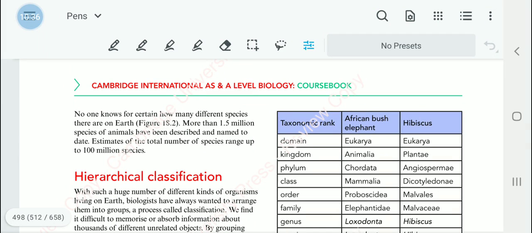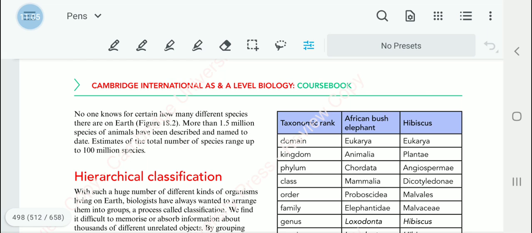Obviously we don't know how many species there are on Earth. Humanity has described more than 1.5 million species. These are species that have been named. We estimate the total number of species on planet Earth is about 100 million.